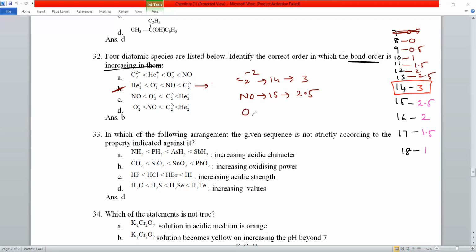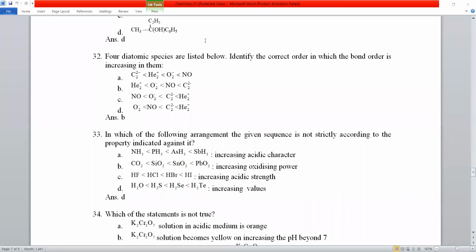And O2 minus they have given, O2 minus means a 17 electron system, it should be 1.5. Then He2 plus is a 3 electron system, and a 3 electron system is 0.5. So 3, 2.5, 1.5, 0.5. Increasing order they have arranged. So option B is correct.